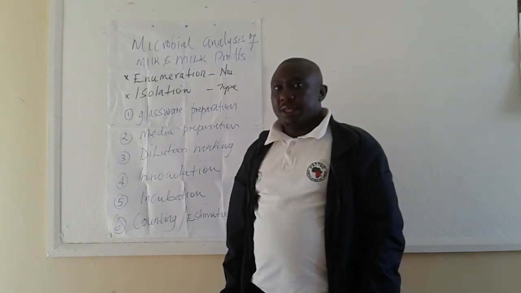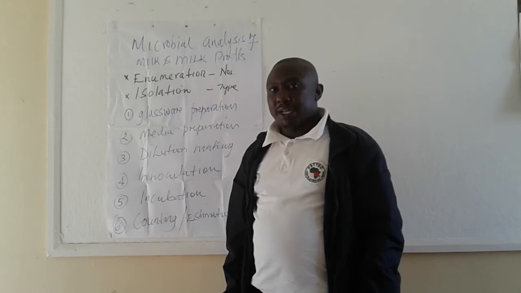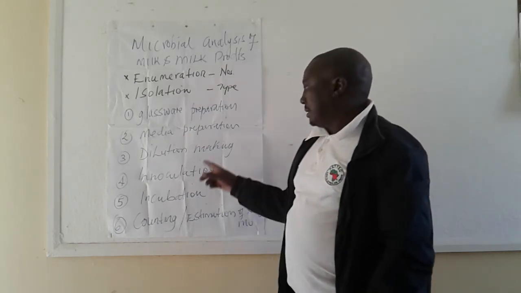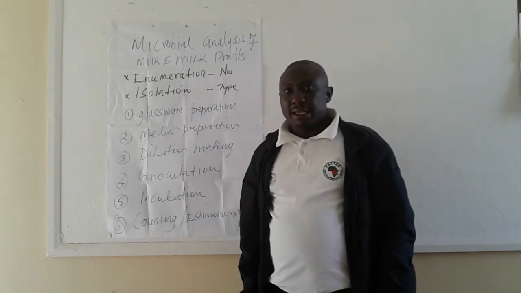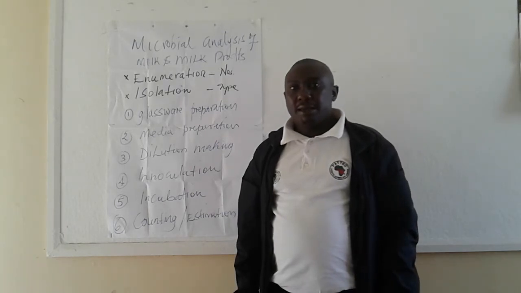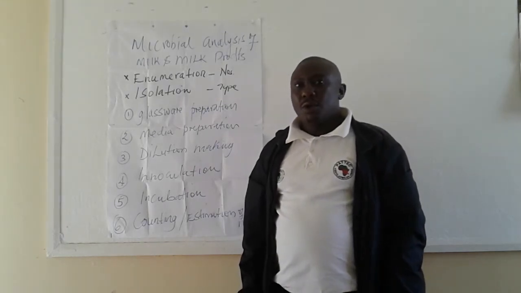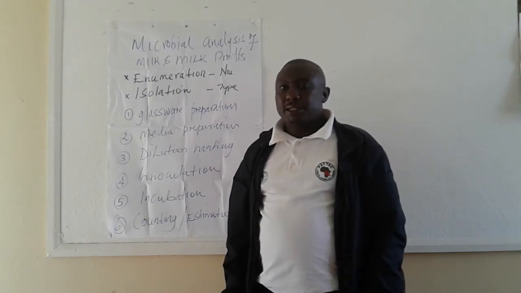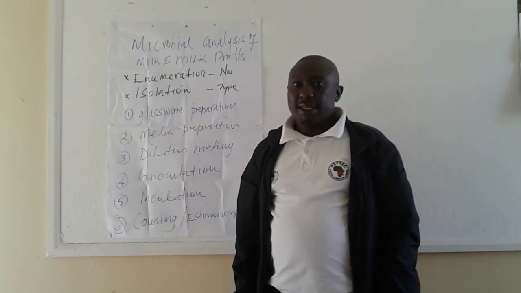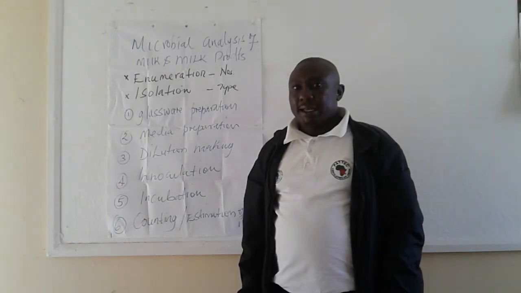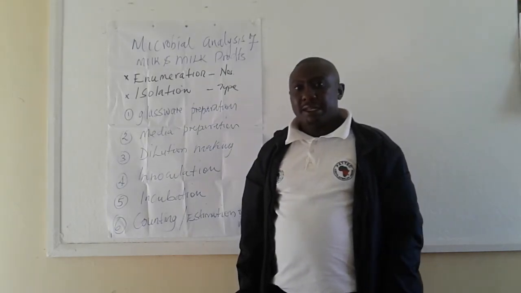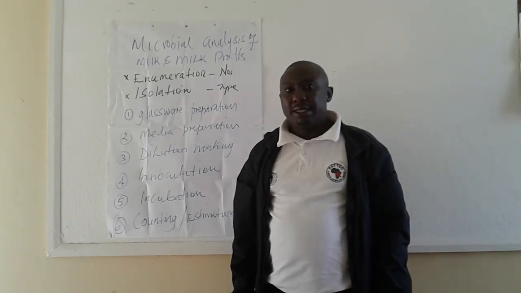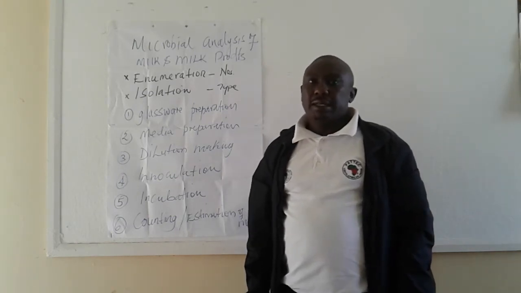After you are through with the media preparation, then you prepare the dilution. Dilution making is through mixing milk sample with diluents already made. The purpose of dilution making is to thin out microorganisms. Diluents are normally prepared as per manufacturer's instructions, and then 9 ml of the diluent is distributed in several test tubes.